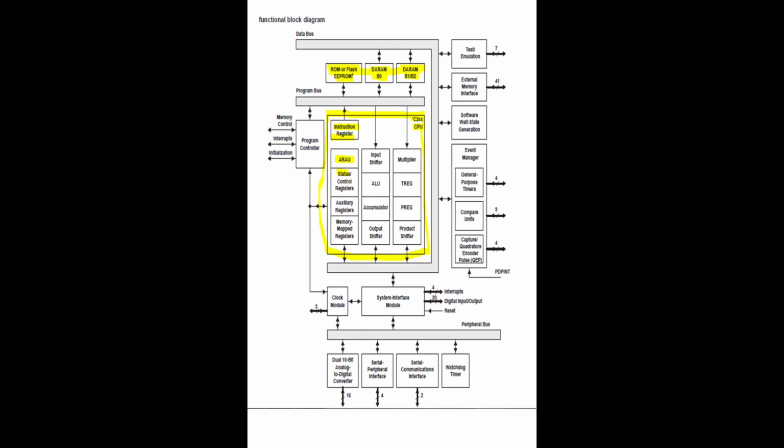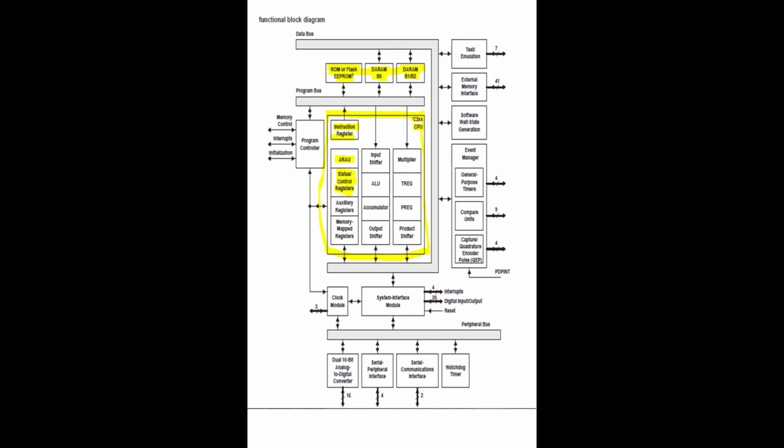Then the status and control register. Here only you load the value of the CNF bit, equal to 1 or 0. That means you are controlling whether B0 is used for data memory or program memory. That CNF bit is available in this control register.